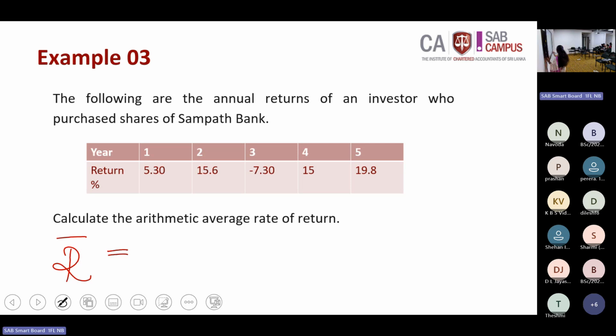R bar equals sum of returns divided by number of years.